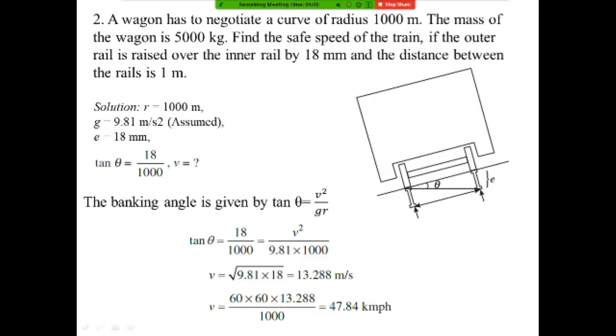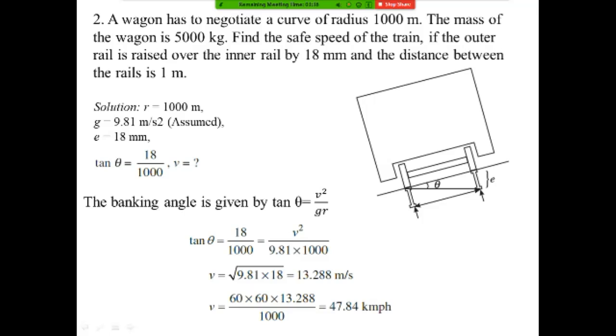1000 divided by 60 into 60 it becomes. To convert into this unit, if I convert seconds, it is 1 divided by 60 into 60, right? Converting into hours, that is this one.